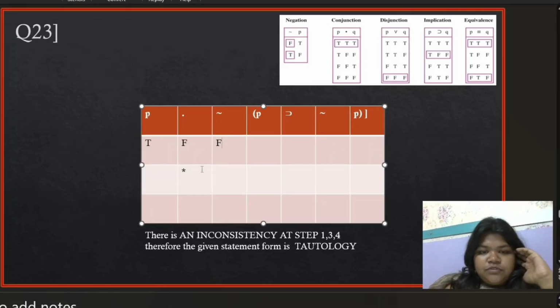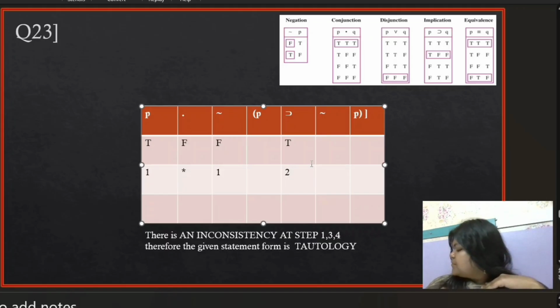TFF. Okay. Fourth step. Now again, this is your main connector, so your false. This is your second step. Now what you will do is over here, you can either substitute. What will I do when I have 1, 1 and 2 over here.